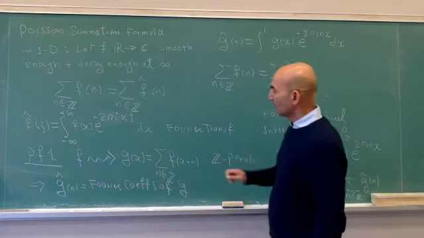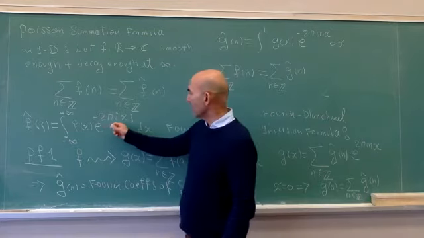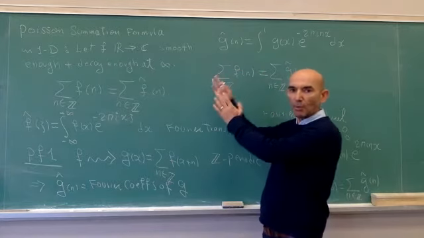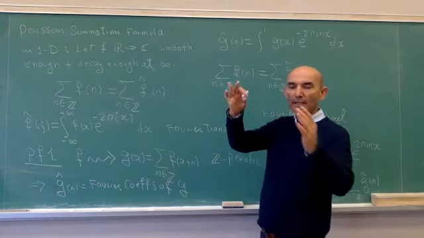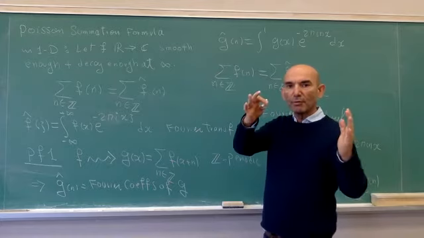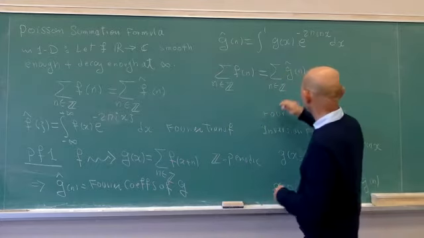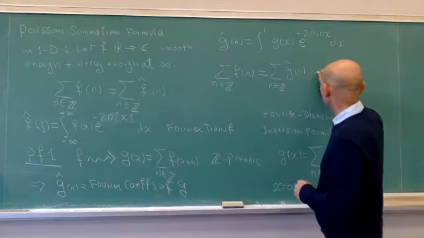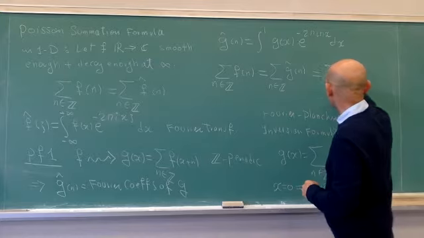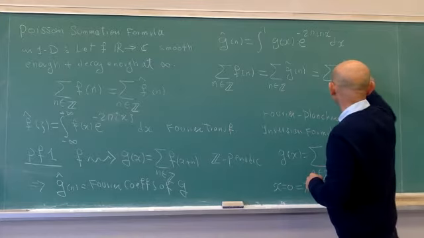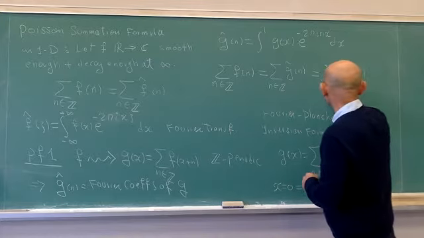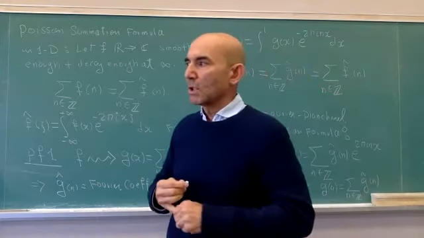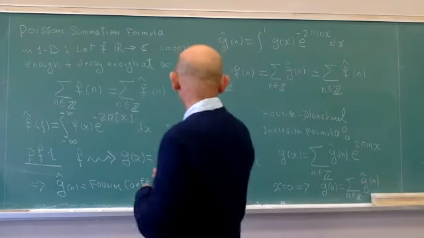Because the Fourier transform, which is defined like this, you can chop it into different pieces, sum over different intervals, and then you use translation invariance of Lebesgue measure to reduce everything in terms of these g hat n's, and then it turns out that this is indeed equal to the sum of f hat of n, n belonging to Z. So this is your first proof.